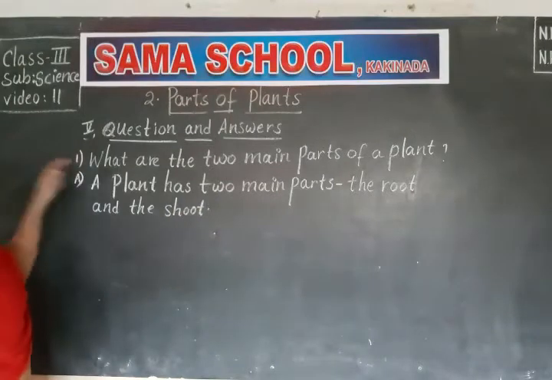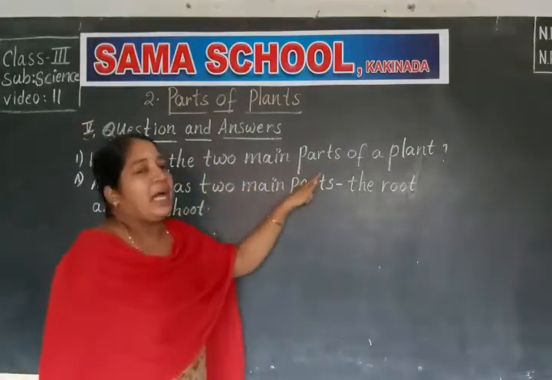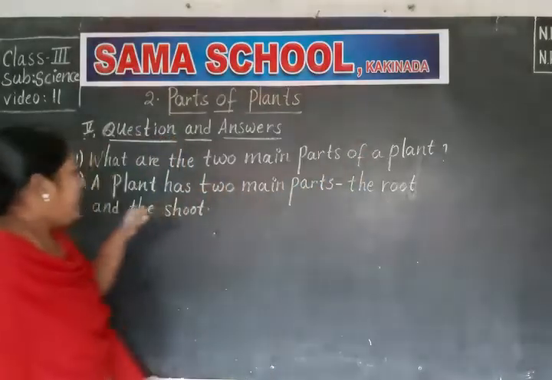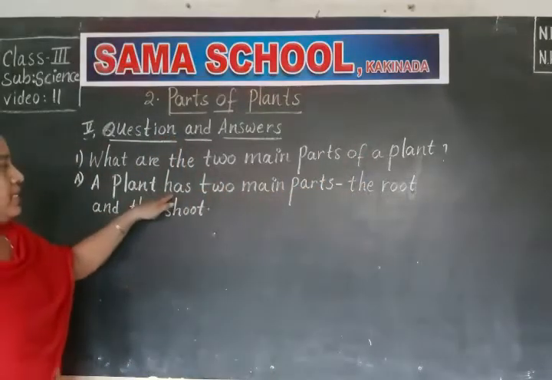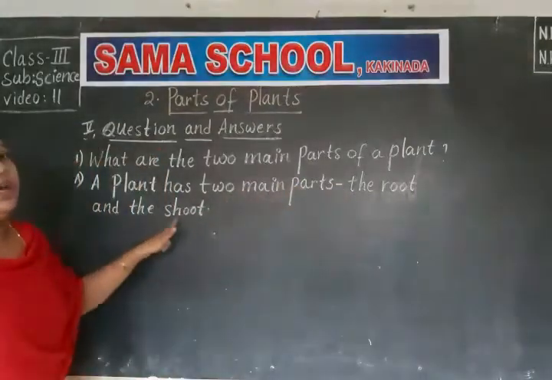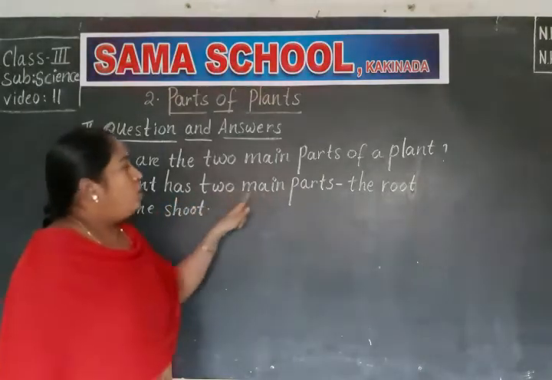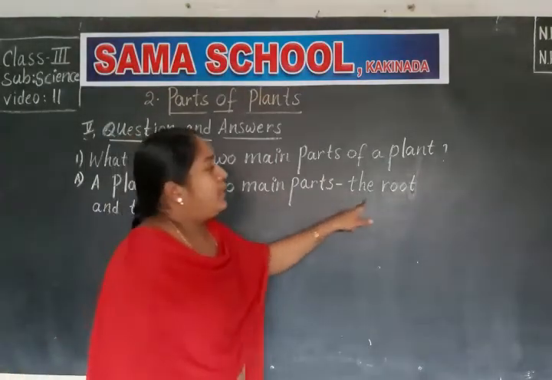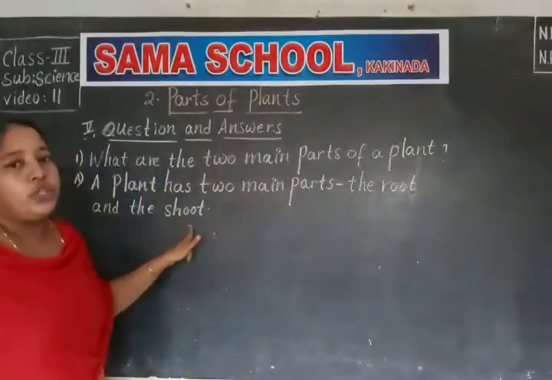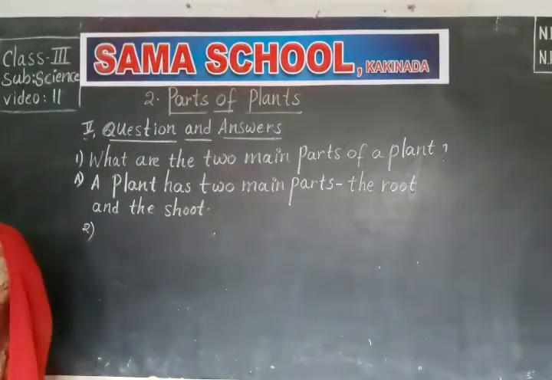Clear children? See the question. What are the 2 main parts of a plant? A plant has 2 main parts, the root and the shoot. Clear children? Let's go into the next question.